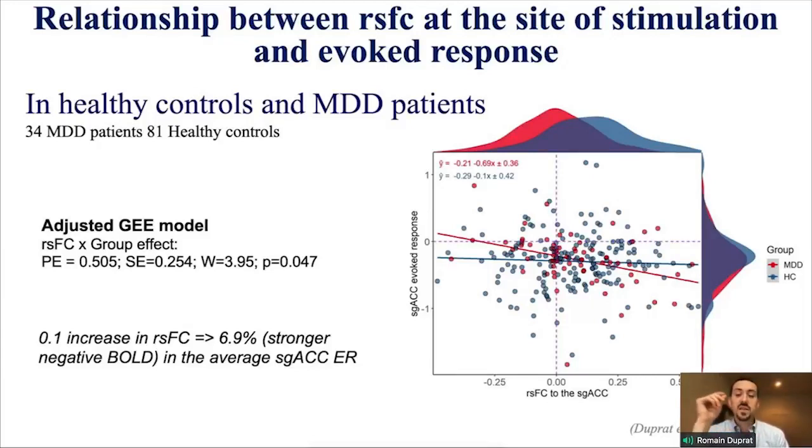That effect showed that in this cohort, the stronger the functional connectivity at the site of stimulation, the stronger was the evoked response in the subgenual anterior cingulate cortex. And that response was mostly a negative pole response. So, to put it in simpler terms, for every 0.1 increase in functional connectivity, we observe an average of 7% stronger negative pole in the subgenual.